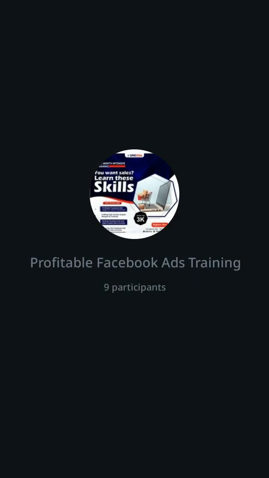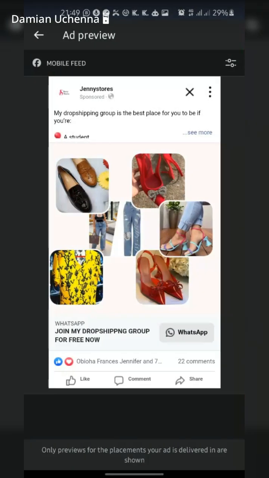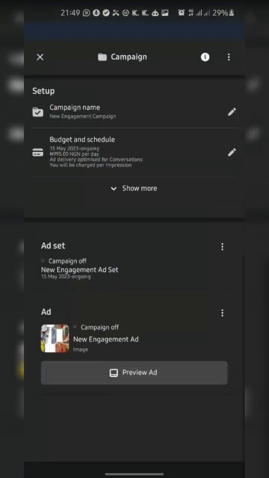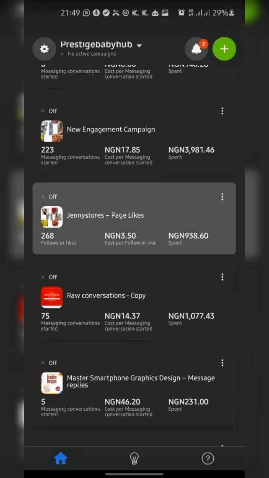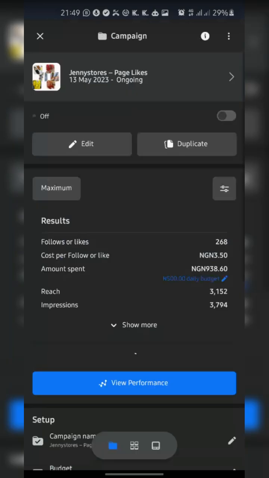For every creative you are using, you have to know the message you want it to pass. Why am I using this? What do I want this to achieve for me? Then see this ad, still the same client. That's to tell you how powerful that creative was.